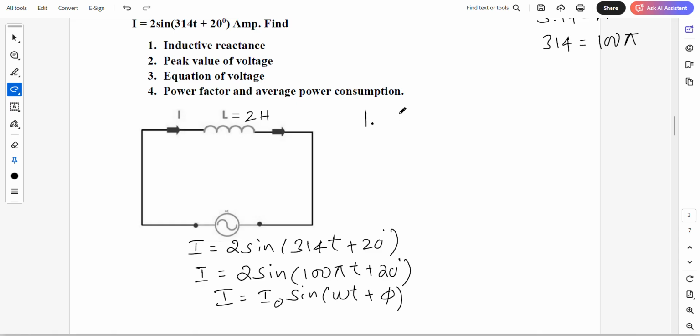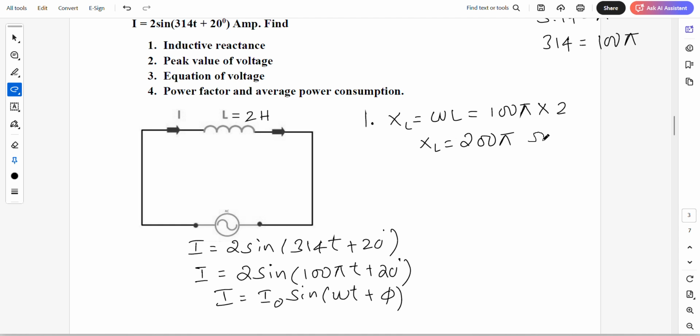XL is equal to omega into L. Omega is equal to 100 pi, comparing this equation, into L, which is given as 2. That is, XL will be equal to 200 pi ohm. The unit of inductive reactance is ohm itself, as it is nothing but resistance.